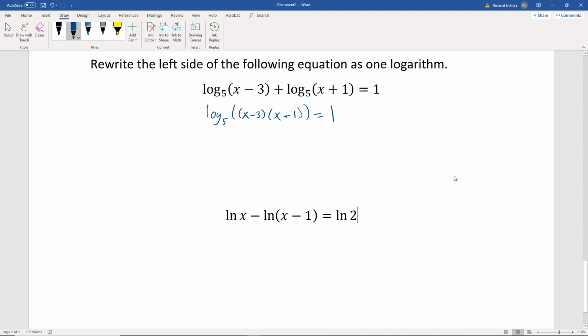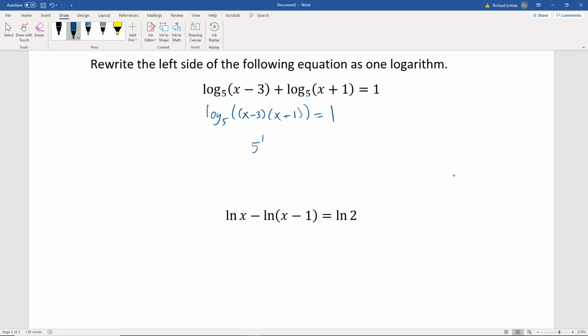Now, again, I'd like to give you a little insight into why we just did that. Well, we can now use the definition of the logarithm, like what we did before when we had this one single log equal to this number. Then we could rewrite this in exponential form. So this will be 5, because the base of our logarithm is the same as the base of the exponential, raised to what the logarithm is equal to, because remember, what the log is equal to is the exponent.